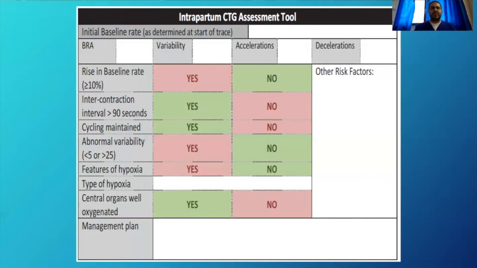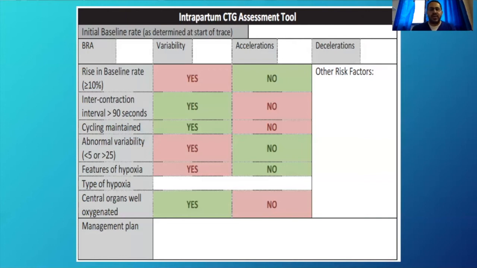And if there are decelerations, are they slower to recover? So are they baroreceptor or chemoreceptor? Is it taking longer for the baby to recover from the deceleration, or is the baby literally just bouncing back the moment that the contraction is done, okay? And remember, we had already assessed at the baseline stage whether the baby is spending enough time at the baseline. Because if baby is not, then we're bordering subacute hypoxia.